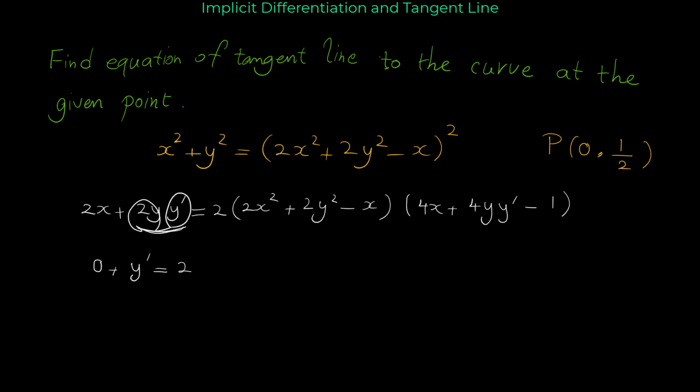equals 2 times. The x is 0, so 2x^2 is 0. y is 1/2. 1/2 to the power of 2 is 1/4. 1/4 times 2 is 1/2. So this would be 1/2, minus, again, x is 0, times 4x, x is 0, so 0, plus 4 times y. y is 1/2. 4 times 1/2 is 2.